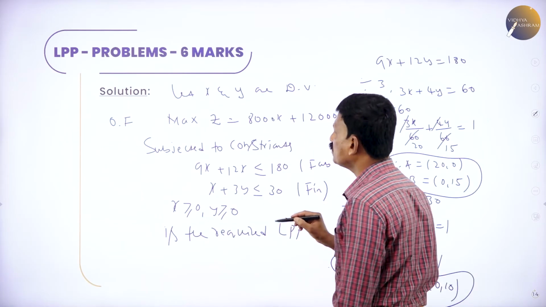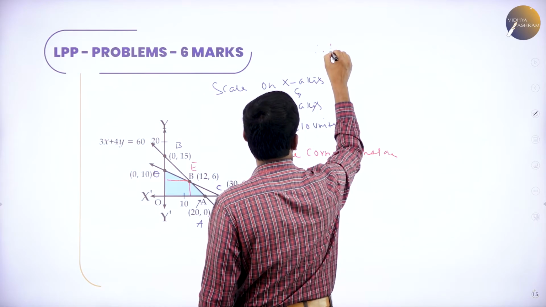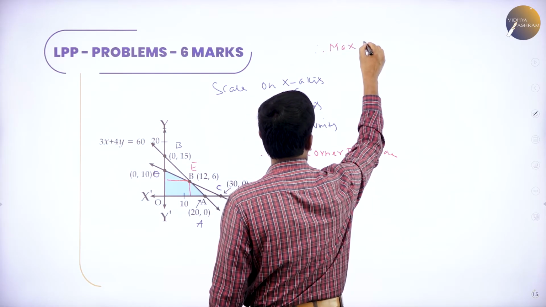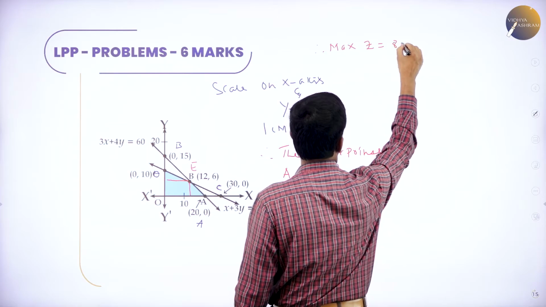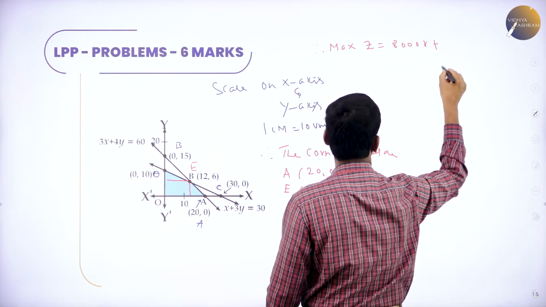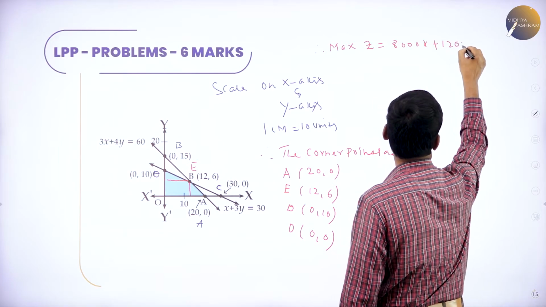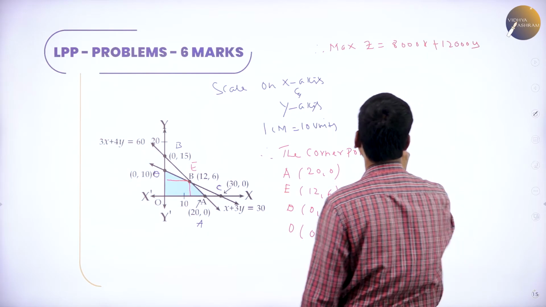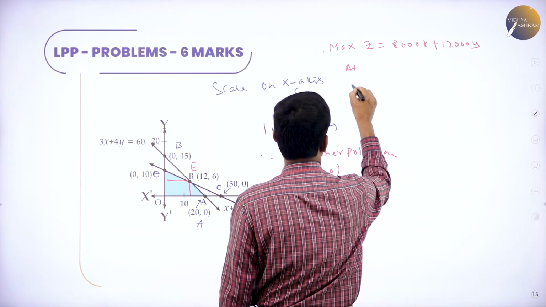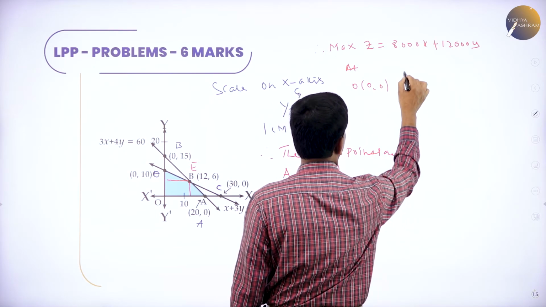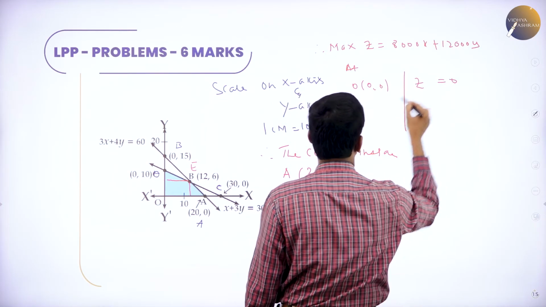Objective function is, therefore, maximum of Z is equal to 8,000X plus 12,000Y. Now, at O 0, 0, Z is equal to 0.